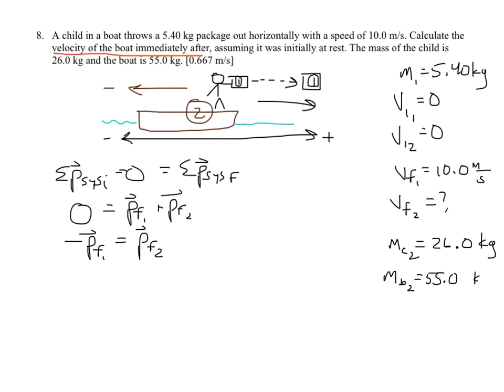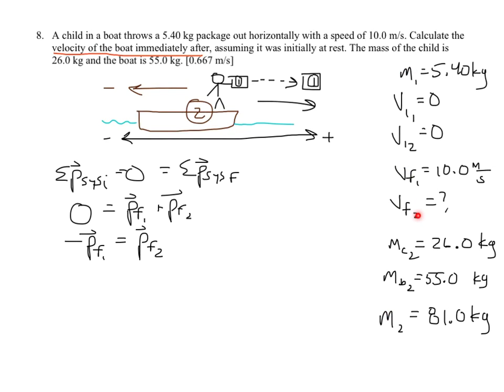Both of those are kilograms right there. So we're going to say the mass of 2 total is the sum of those. So 55 plus 26, that's 81.0 kilograms. That's what we need. So we have the total mass of 2, the total mass of 1, the final velocity of 1. We need to solve for the final velocity of 2.